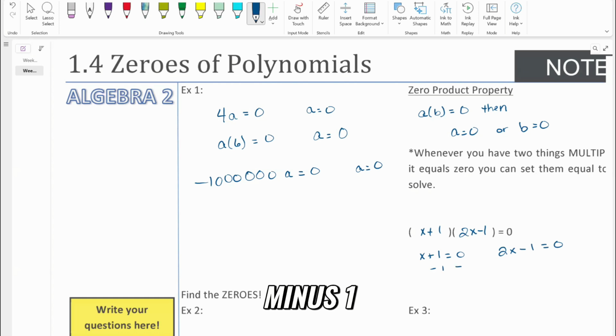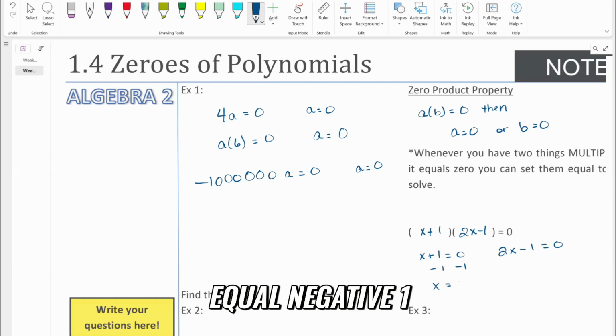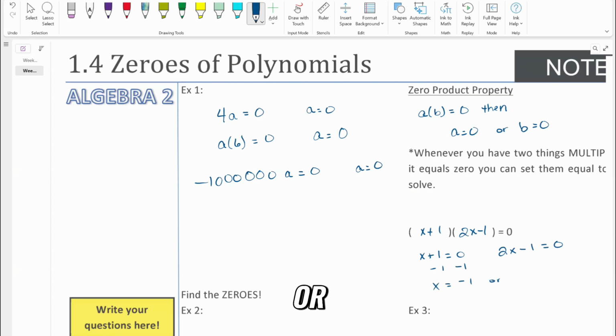So here, minus 1, so my x would equal negative 1, or plus 1, 2x equals 1, divide by 2, x equals 1/2.